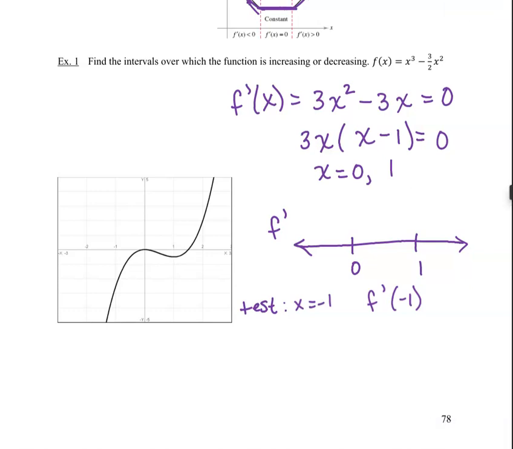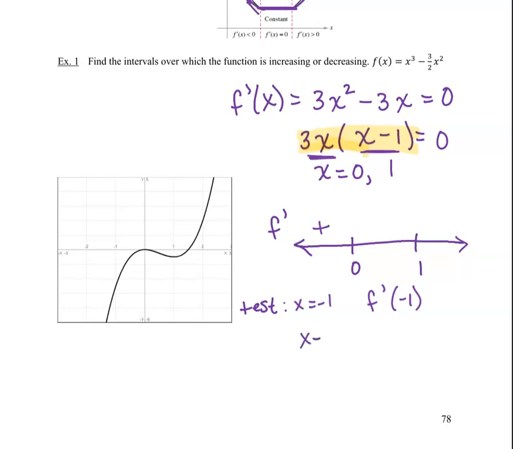Personally, I find it helpful to use the factored version of the first derivative to do my test points. So if I plug in negative 1 into this factored version, I'm going to get a negative number in the front and a negative number on the inside. So a negative times a negative is a positive. And so that entire interval f prime is going to be positive.